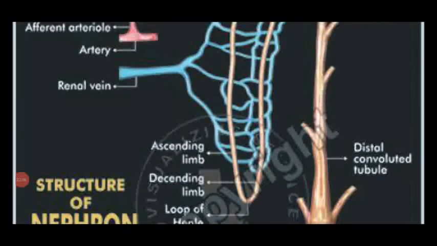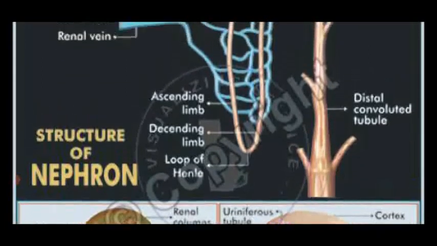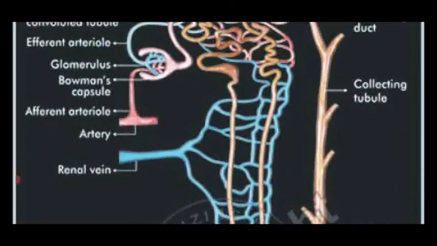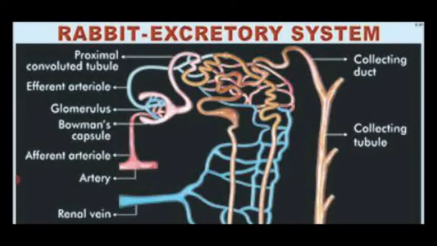Dear students, up to this we have seen the male reproductive system and female reproductive system, and also the excretory system. In the excretory system, we have seen that each kidney is made up of numerous structural functional units called nephrons.